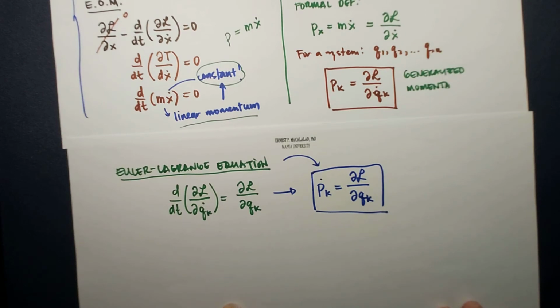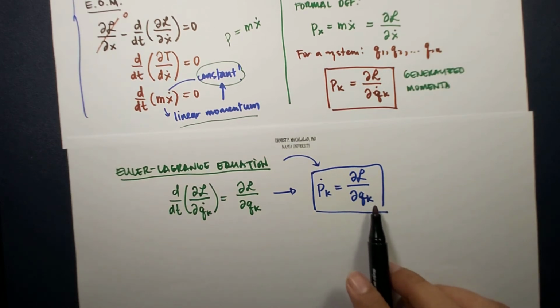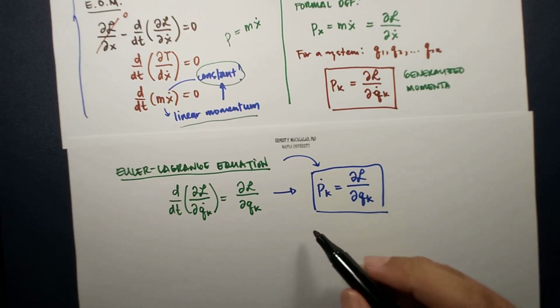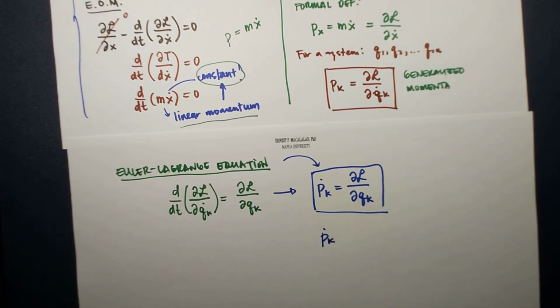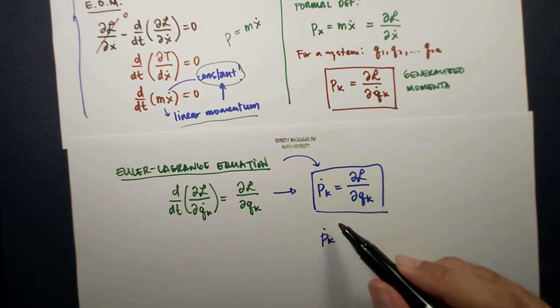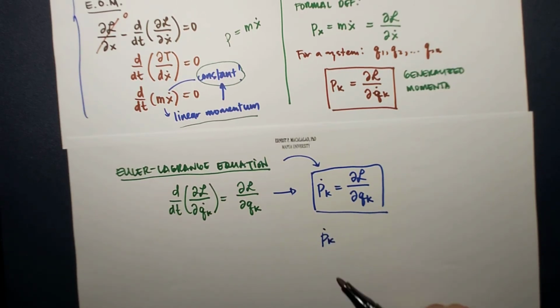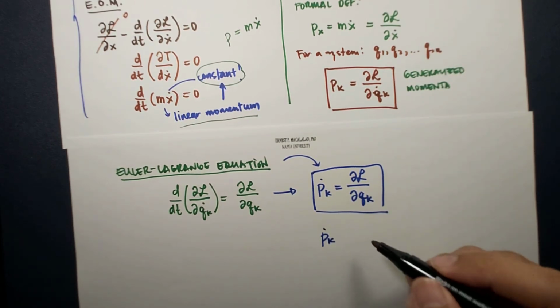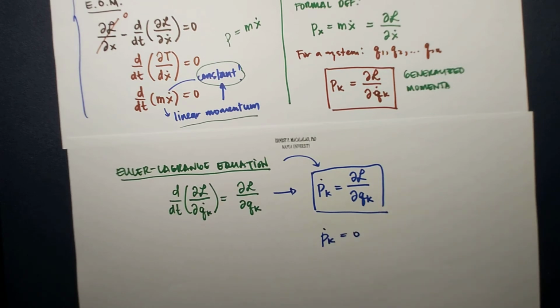Therefore, when the Lagrangian, as I mentioned earlier, is not an explicit function of qk, that means the time derivative of the generalized momentum of your particle is equal to 0.